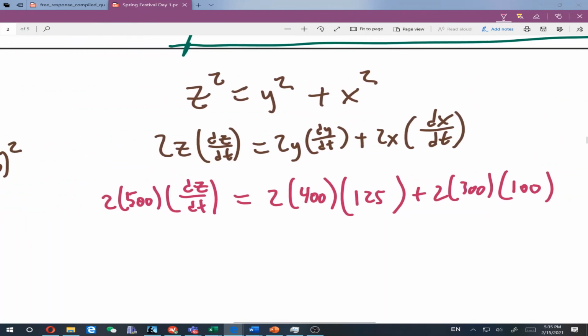Okay, so at this point, I'm going to divide everything by 200.